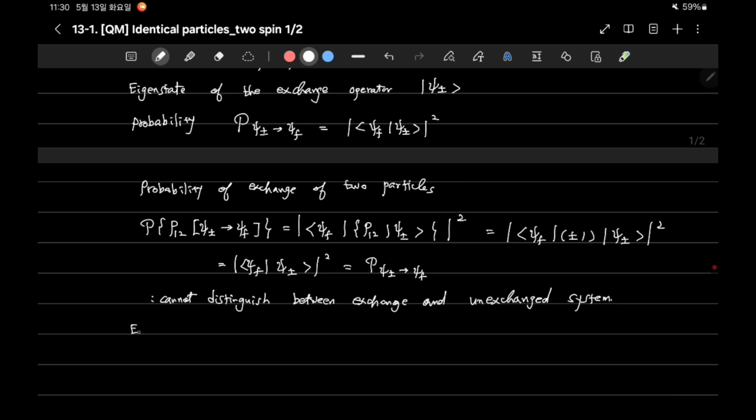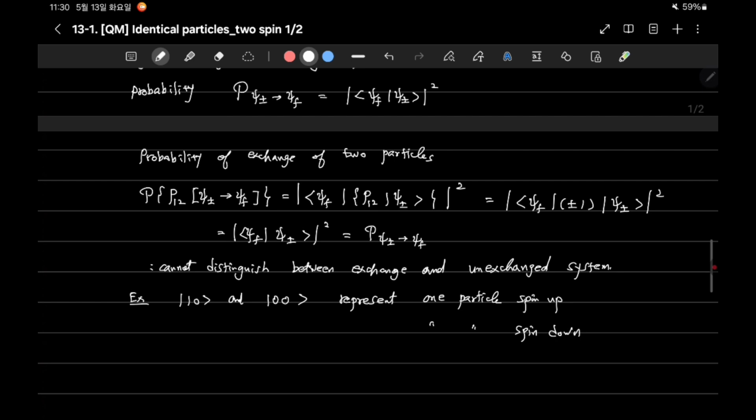Here, for example, the 1 0 state and 0 0 state represent one particle spin up and the other particle spin down.